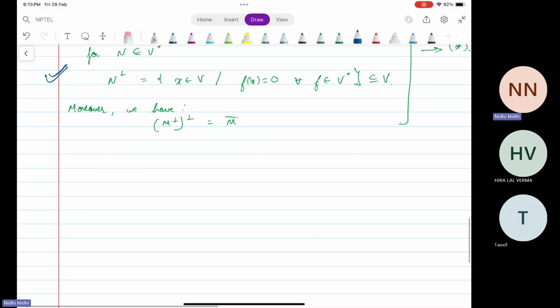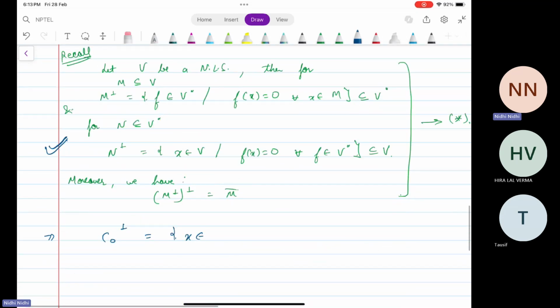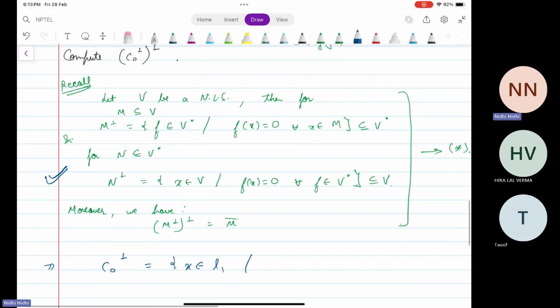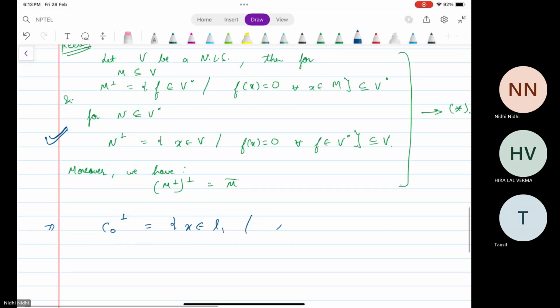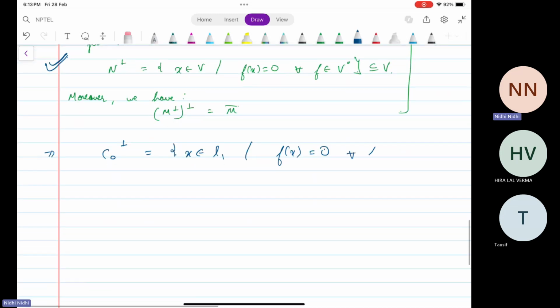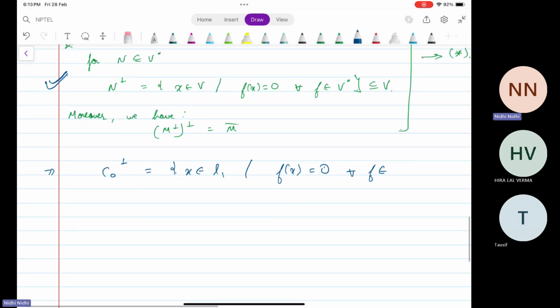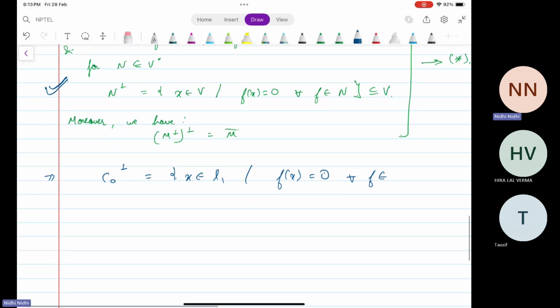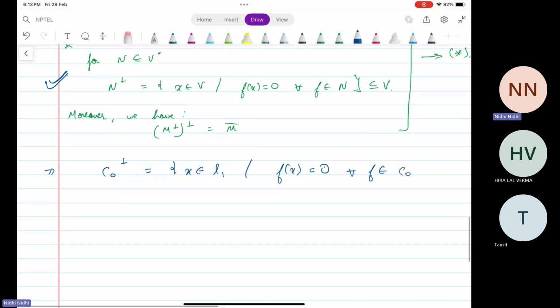Now this implies C naught perp is equal to the set of all those elements x in V. Now V is L1, all those x in V such that f of x is equal to 0 for every f in, oh sorry, this is not V star, this is N, for every f in C naught.